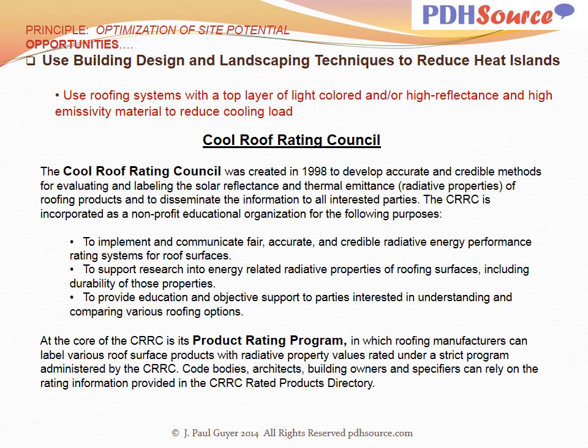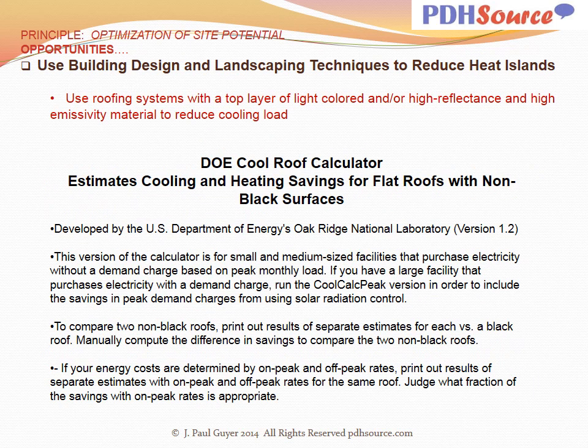There is something called a Cool Roof Rating Council. Now that doesn't mean a really cool roof. It means temperature. Anyway, this organization was set up to try and standardize the ratings of roofing materials for purposes of reducing the air conditioning load on the building.